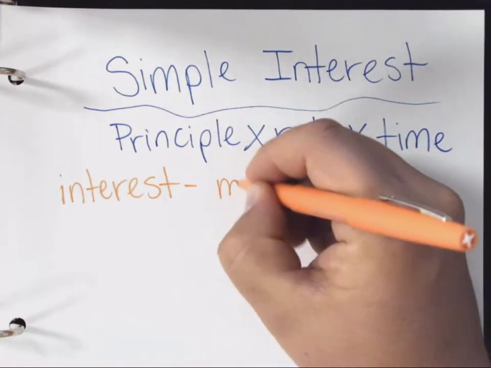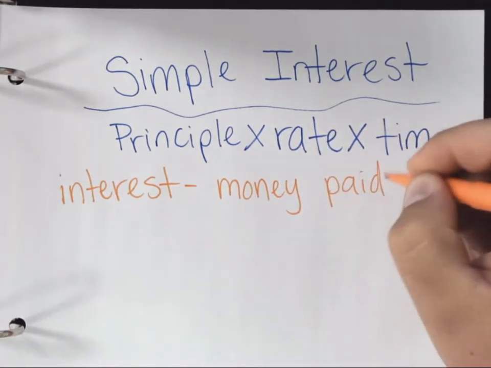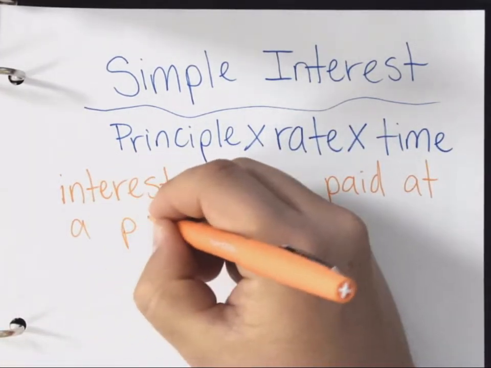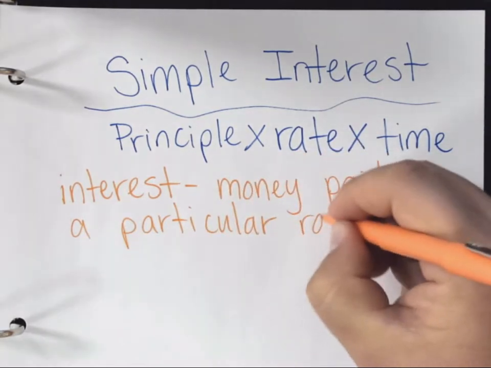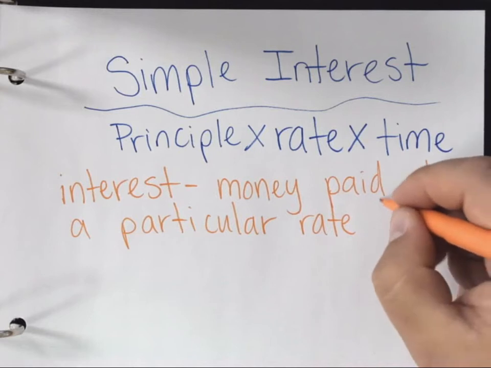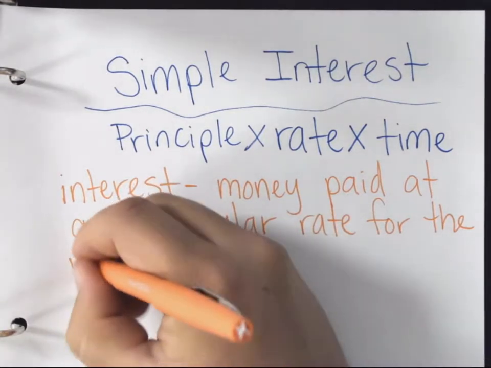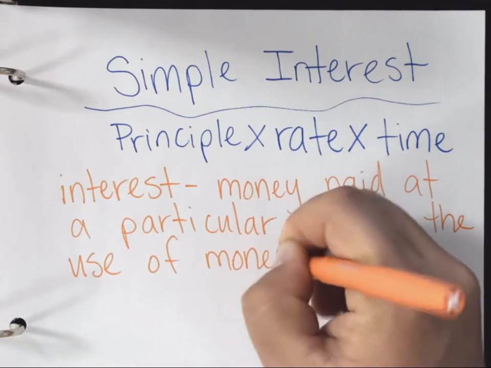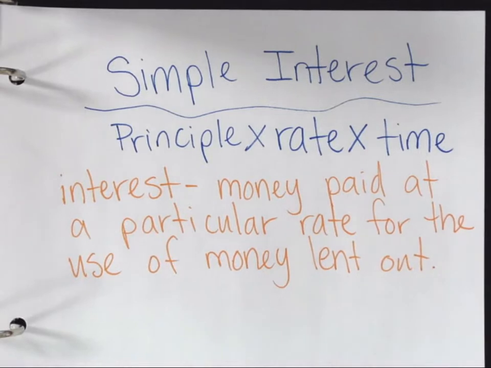Interest is the money paid at a particular rate for the use of money lent out. Okay, so some of you might still be asking, well, what does that actually mean?